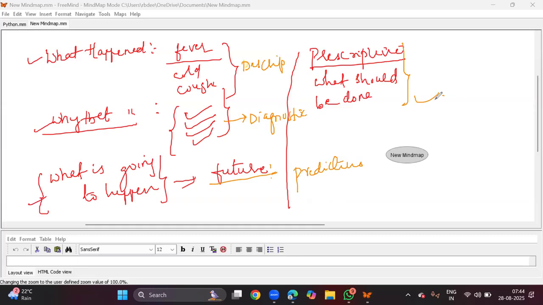Okay. Now that we have this, we will use these four stages of analytics in business also. Ultimately, we are making money out of it. We want to do, right? We will gain profits.